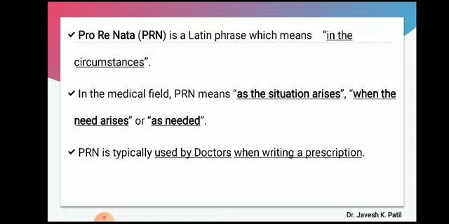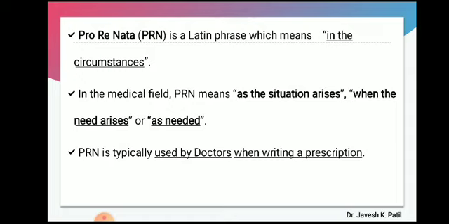PRN, because these are only to be taken as needed in the prescription the doctor is writing. For example, if any sign or symptom arises during the treatment, the doctor may say, see, if we take the example, five medicines were prescribed in the prescription, that the fifth tablet should only be taken as needed.